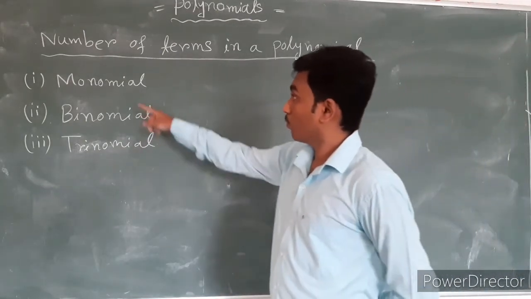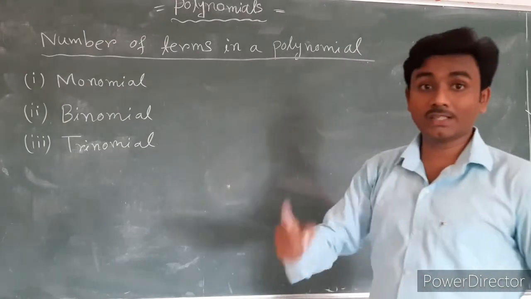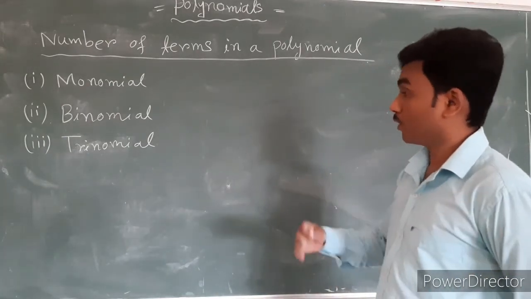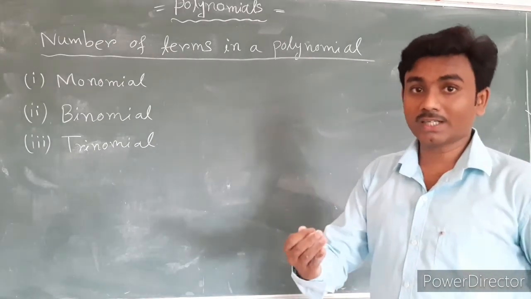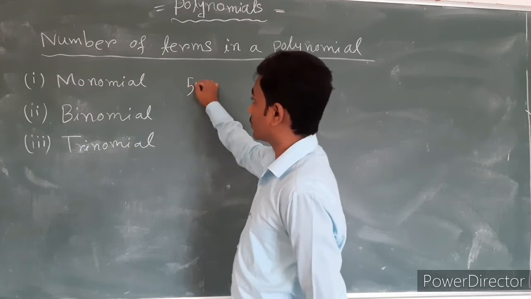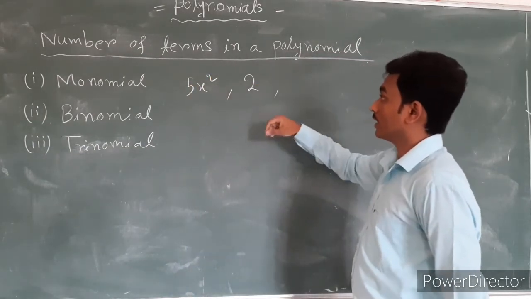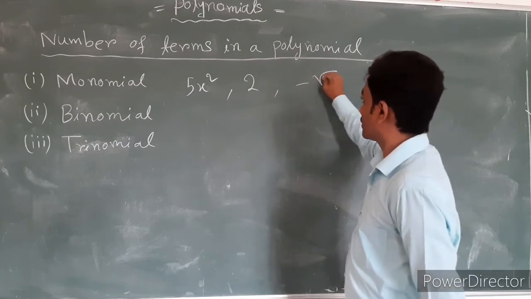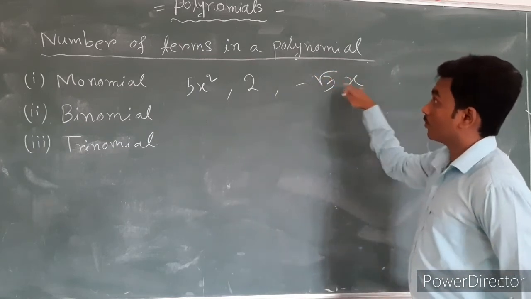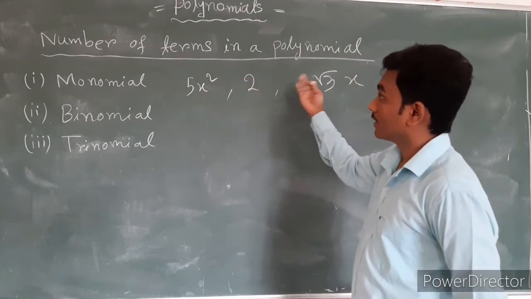First one, monomials. A polynomial that has a single term is called a monomial. That is, suppose 5x squared, 2, minus root 3x, all are monomials because each polynomial has a single term.